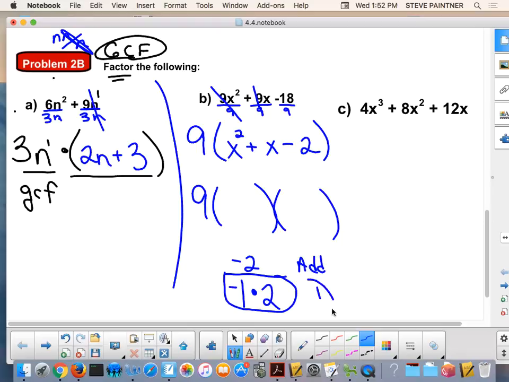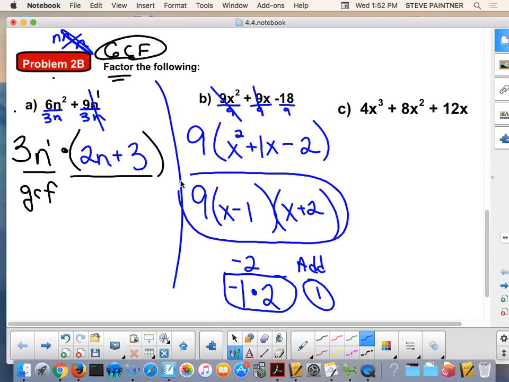I'm getting 1. Is that what you want? Yeah, you want the 1. Guys, those are the two factors, negative 1 and positive 2. Those are your factors, the numbers that multiply to give you the number up here. That was a tough one. You had to kind of go further with it, okay?